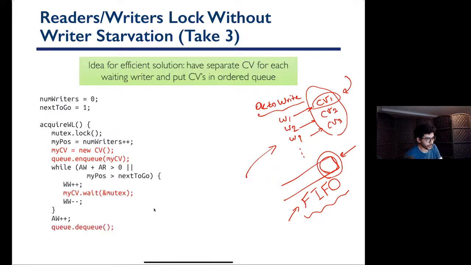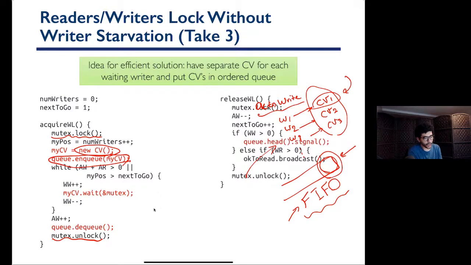Again, unfortunately, I don't have the time, but you can look at the slides and see that that's basically what we're doing. Here, by locks, I'm creating mutual exclusion. I create my condition variable, I put it in this queue, and whenever I'm sending a signal, I look at the head of this queue and send a signal to it. This way, I create first come, first serve. Therefore, W1 will not starve because it will get the signal.